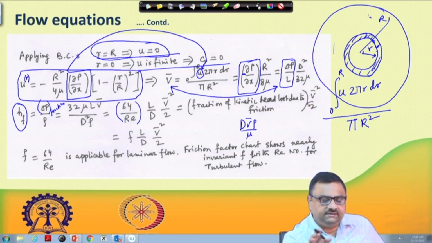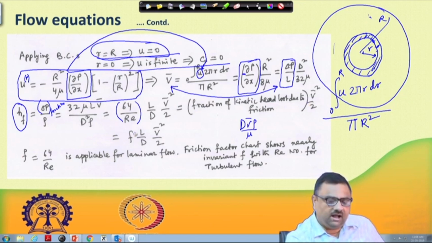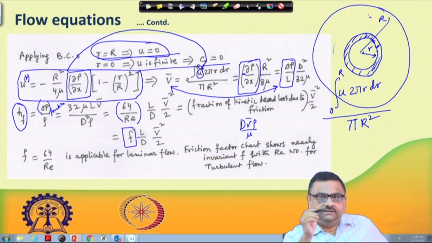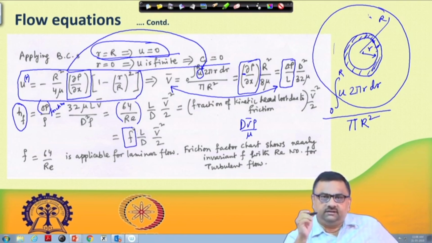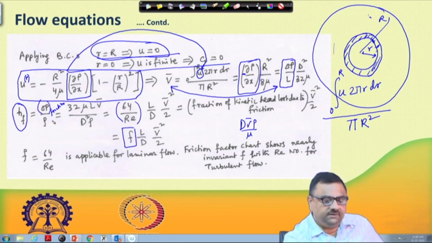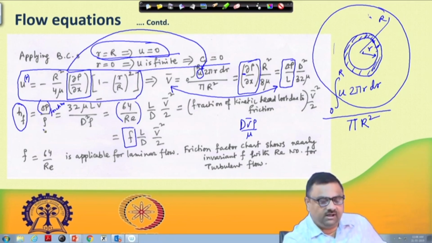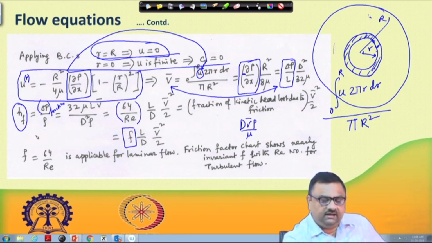So, this term, 64 by Re, is referred to as the friction factor, and the pressure drop due to friction by rho is written as friction factor F multiplied by L by D into V bar square by 2.